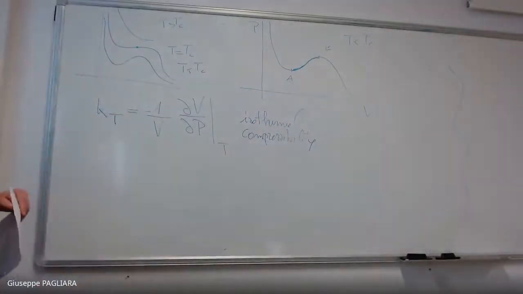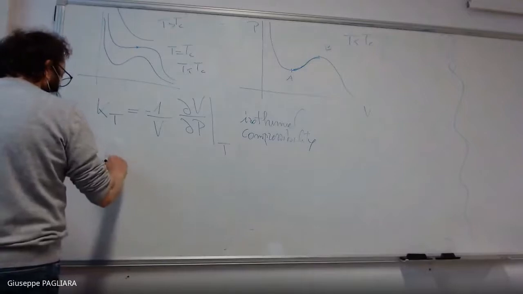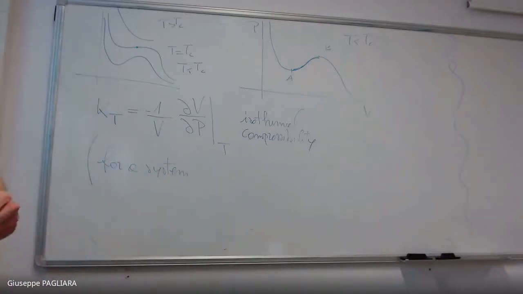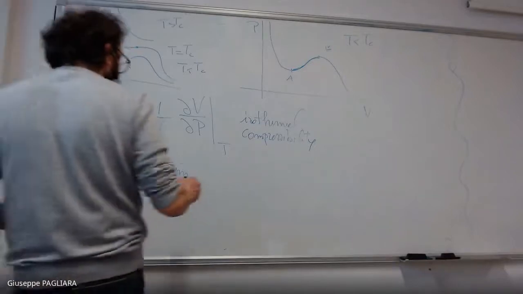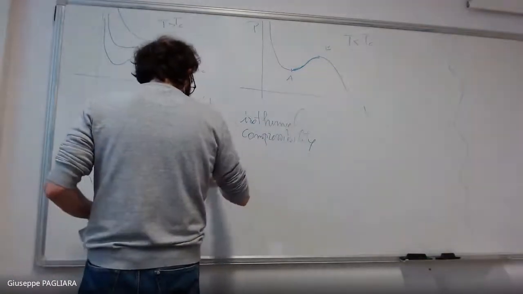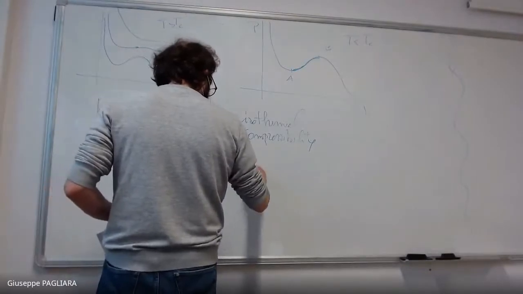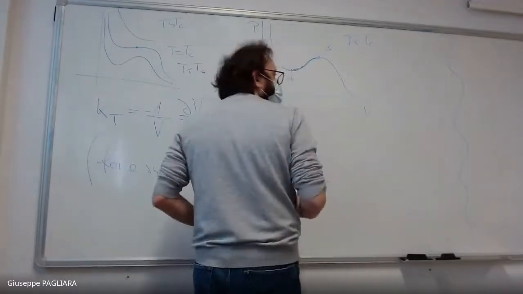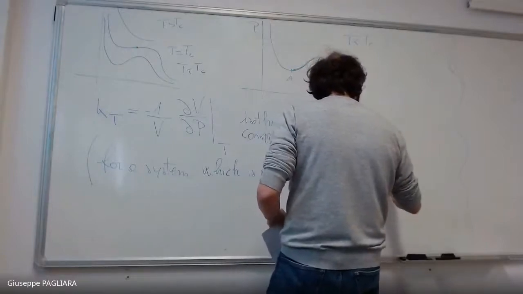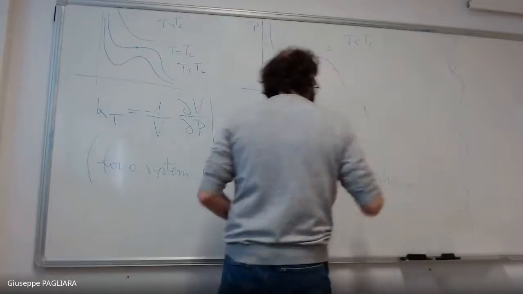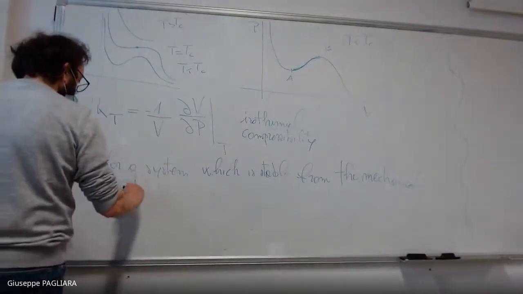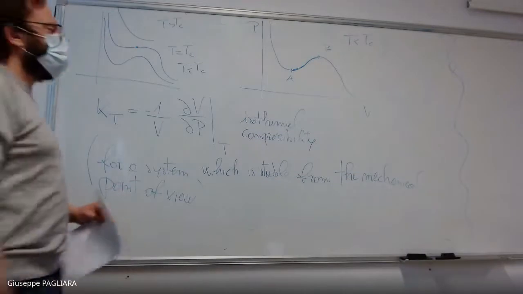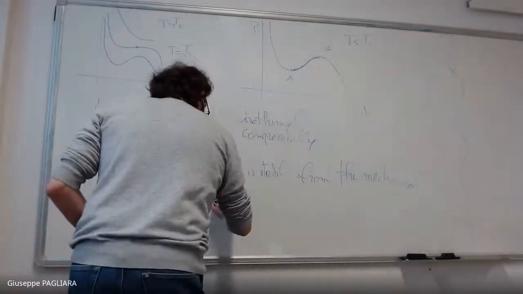And the isothermal compressibility for a system which is stable from the mechanical point of view must be larger than 0.